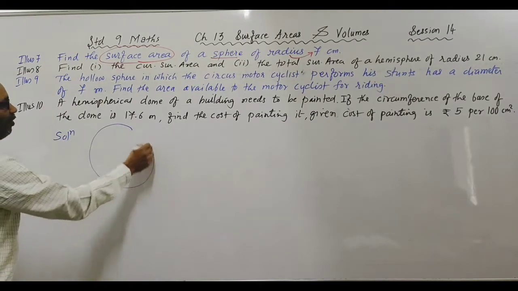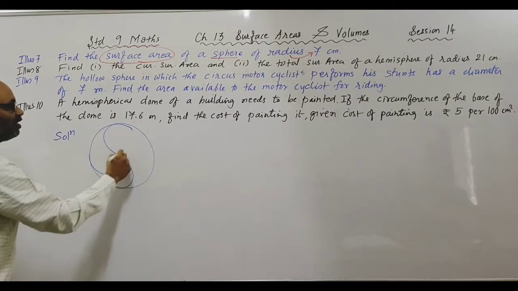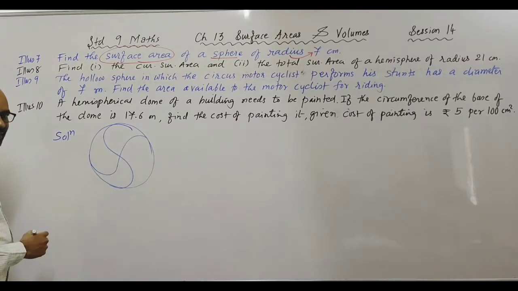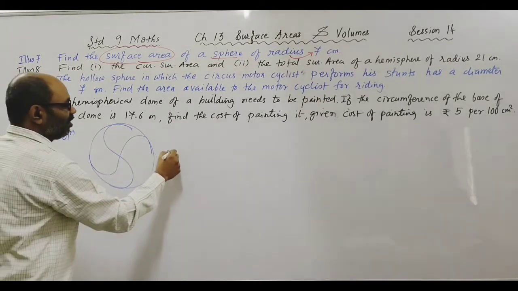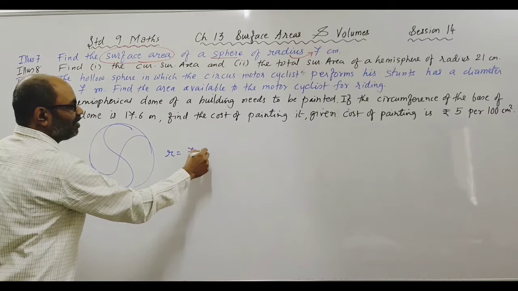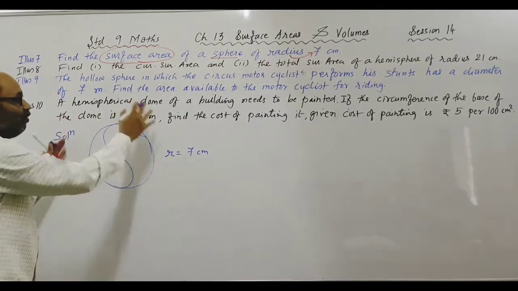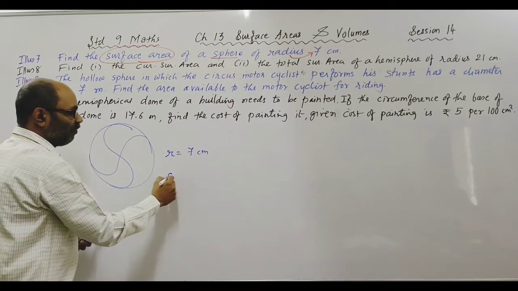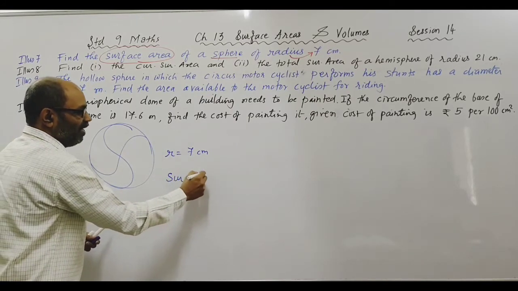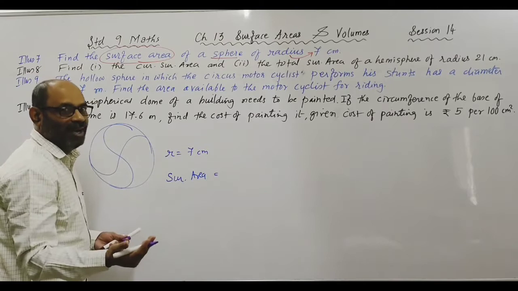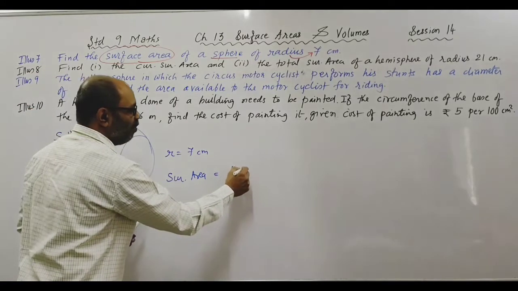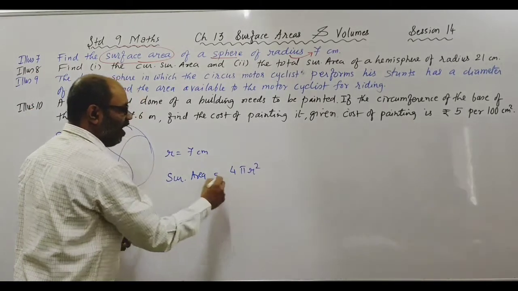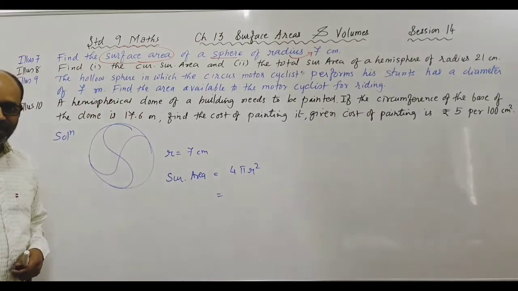Very quickly I am going to draw the sphere like this. The radius of this sphere given is 7 centimeter, and you have to find the surface area. Surface area is equal to, what is the formula? 4 pi r square.